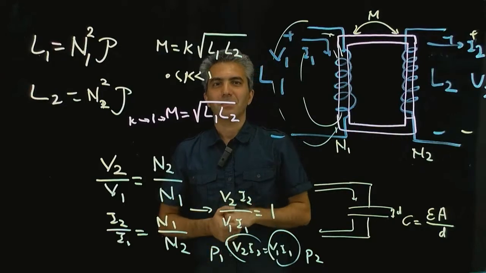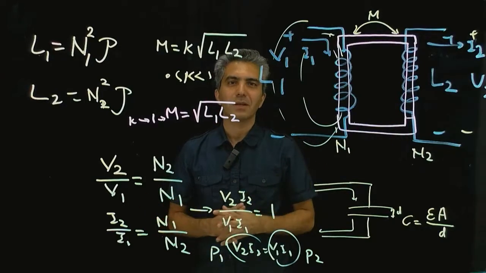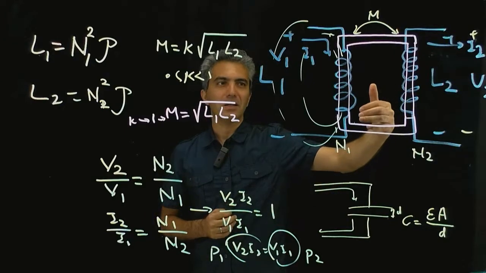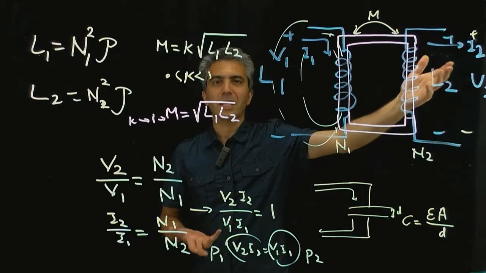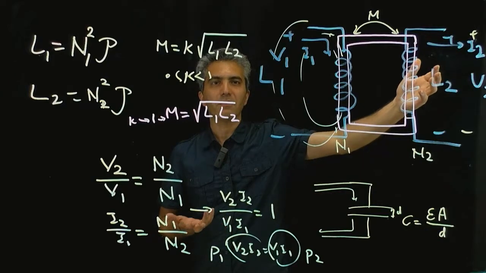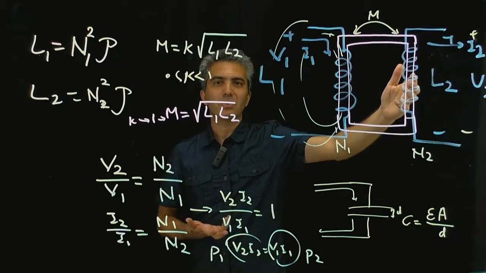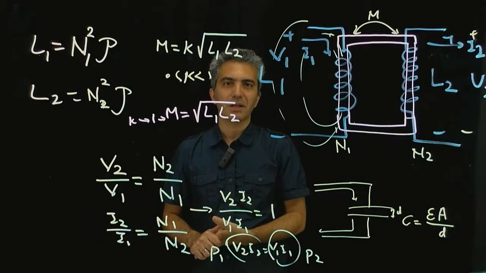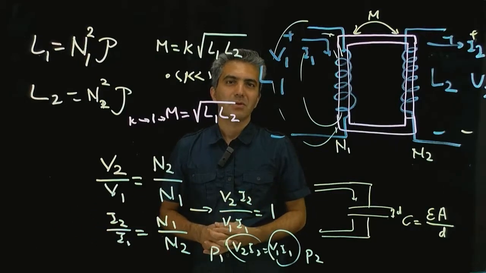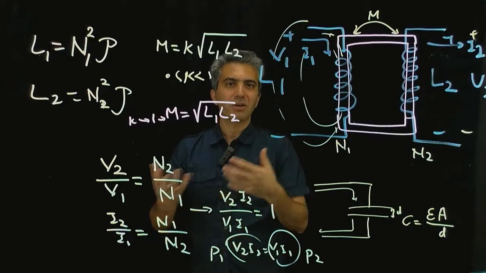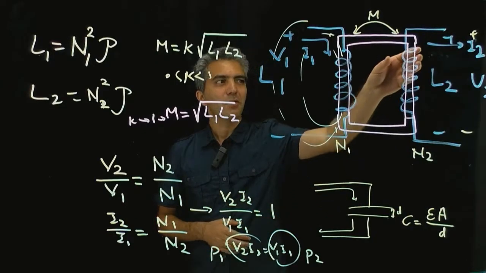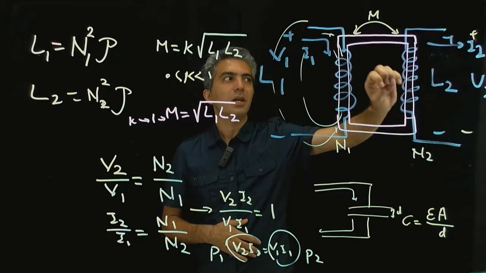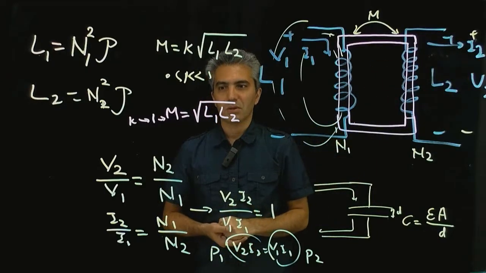If you know anything about Maxwell's equations, you know that the electromotive force couples to the magnetic field only if that magnetic field is changing. So it's a derivative relationship. If you have a constant magnetic field, you're not going to get any voltage, and therefore there wouldn't be any current as a result.